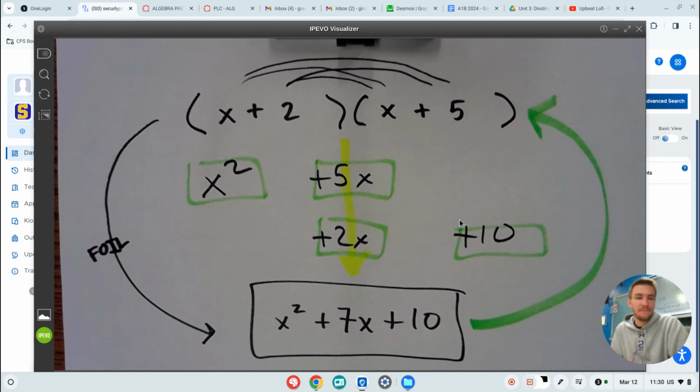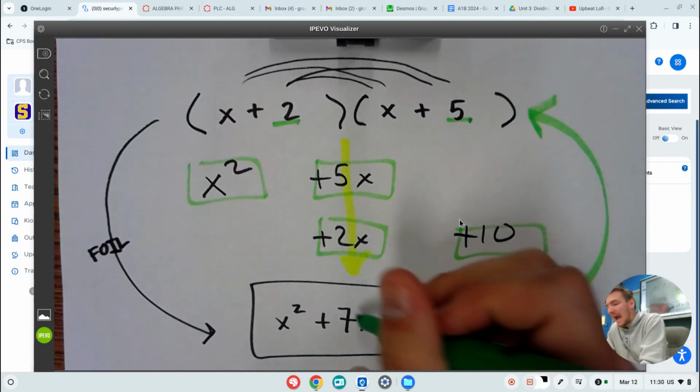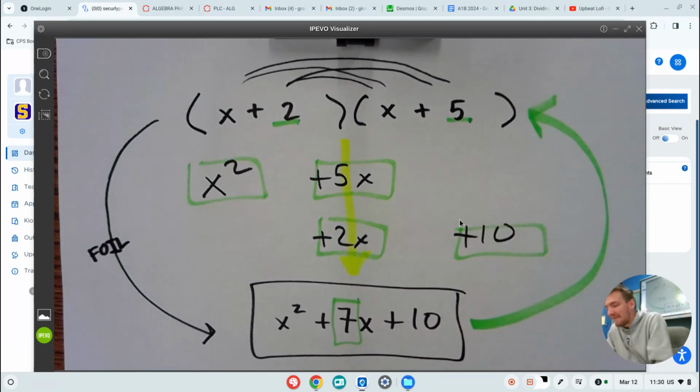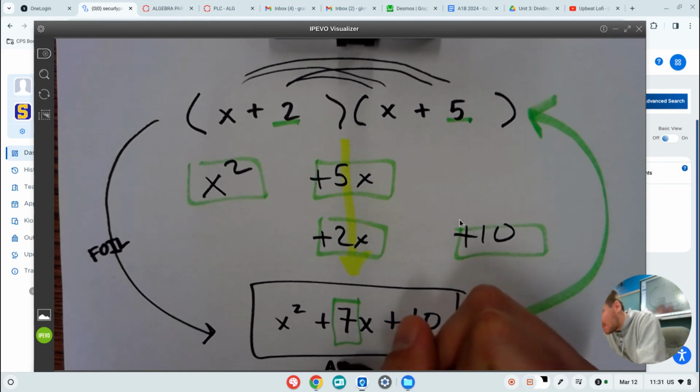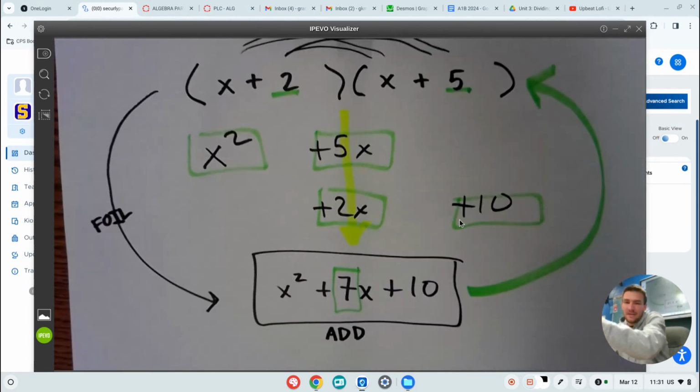If we start with 2 and 5, how do we get the number 7? You just added them up, right? What is 2 plus 5? It's 7. So this middle number happens when we add them together.